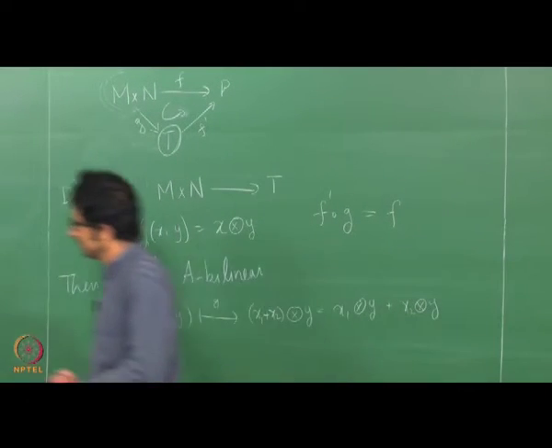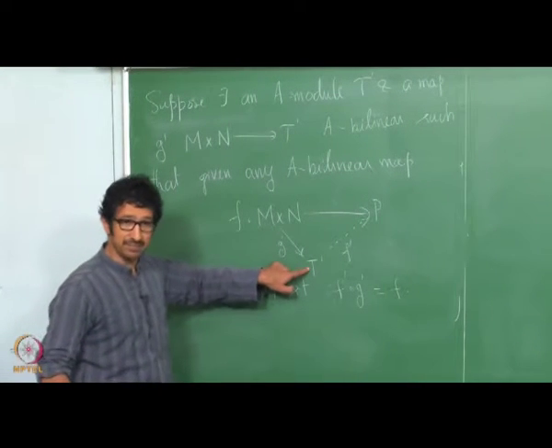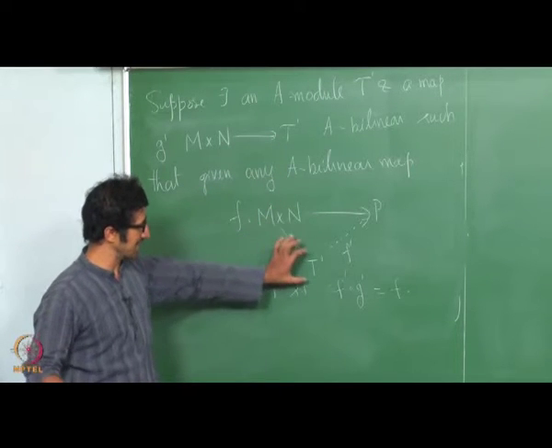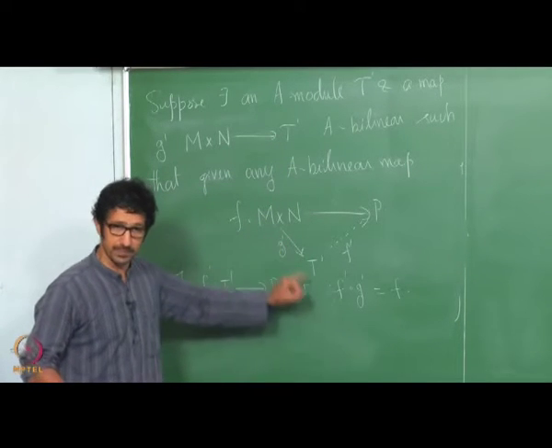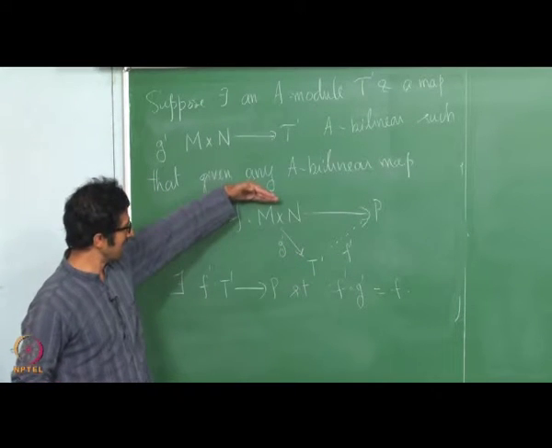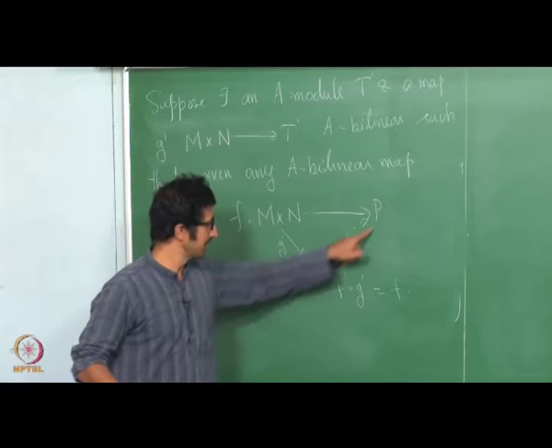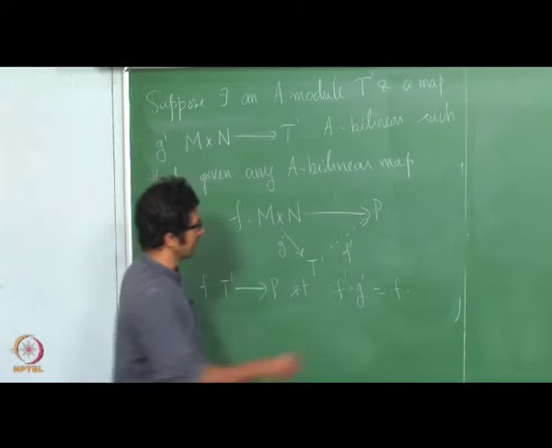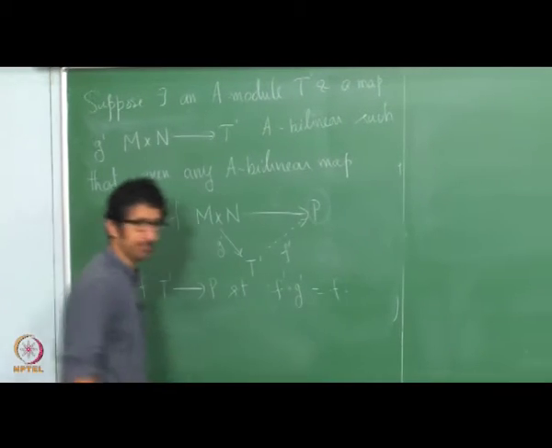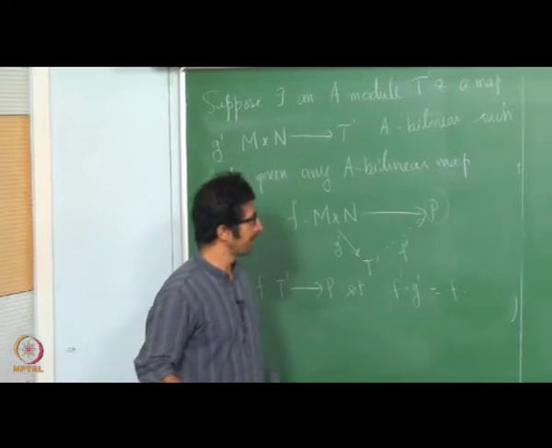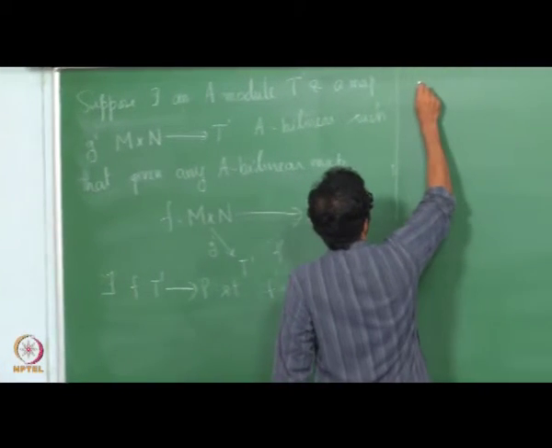So T prime is defined using this property: there exists a module T prime with G prime, a bilinear map from here to here, such that any such map filters through T prime. So we can replace this by our T.